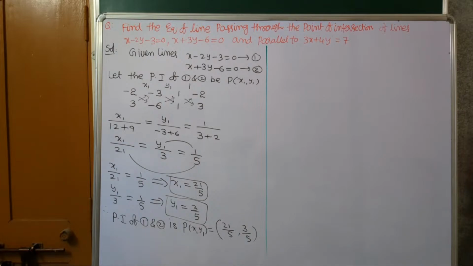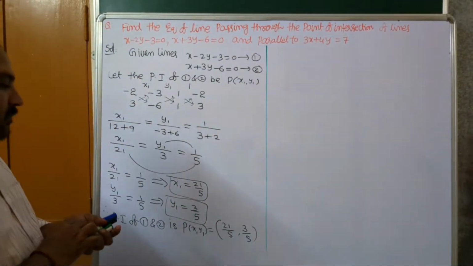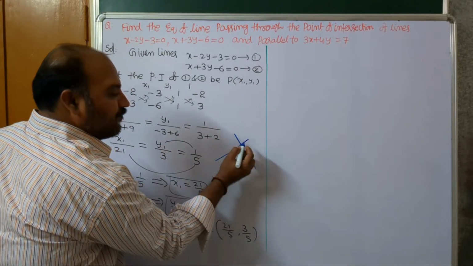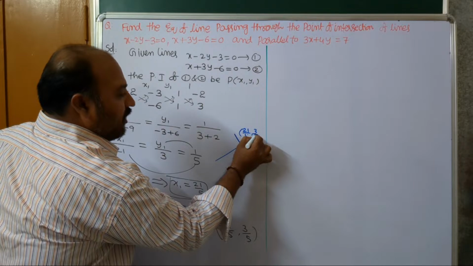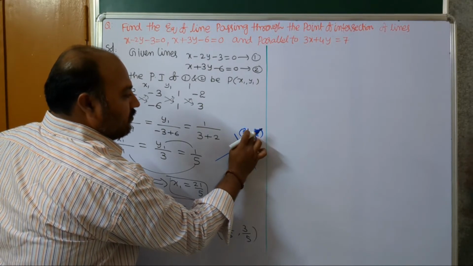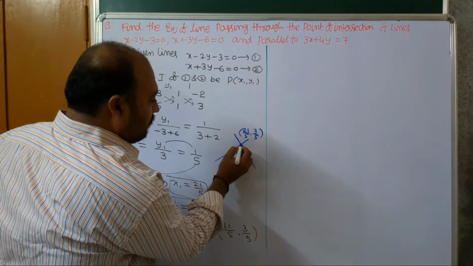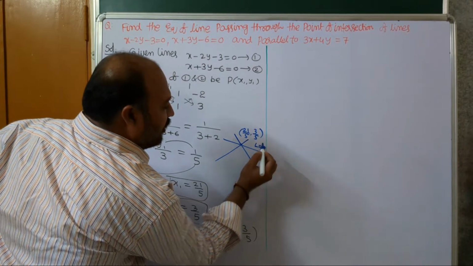After getting the point of intersection, the figure we are getting here is the point of intersection of the lines. This point we got as 21 by 5, 3 by 5. So this line is the required line, L is equal to 0.